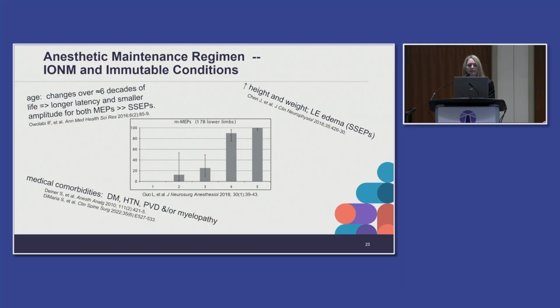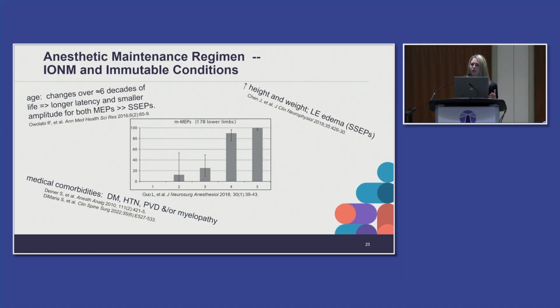Stephanie Diner found that diabetes and hypertension were medical factors that made it harder to obtain adequate baselines in spine surgery patients. Also peripheral vascular disease, myelopathy we've kind of talked about, as well as other neuromuscular diseases can also make it harder. Diabetes, I think, intuitively makes sense, because of peripheral neuropathy.